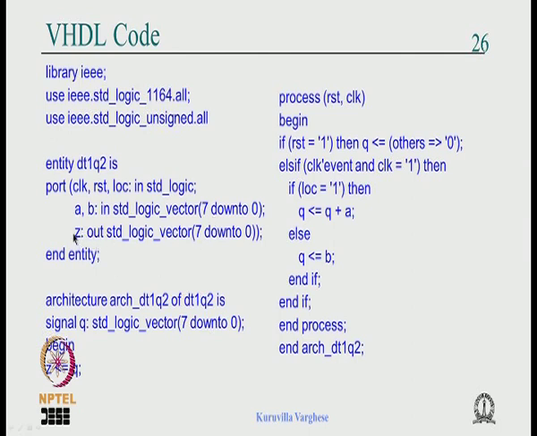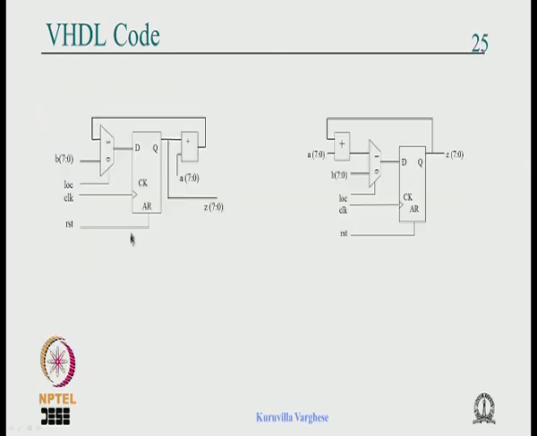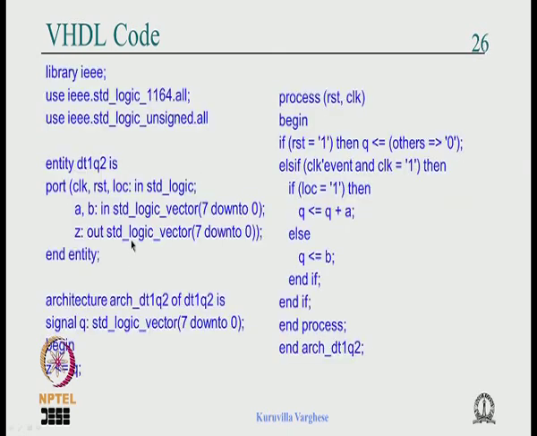Since we are going to use Z as an input, we define a signal called Q, which is also 8 bit, and we assign Q to Z, so that we can use Q as a signal internally.